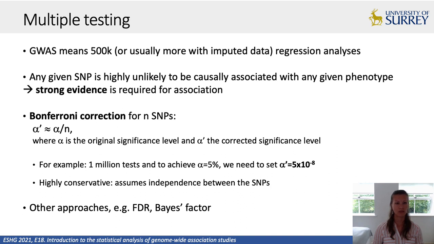And one of the most commonly used corrections is the Bonferroni correction, by dividing the original level of significance by the number of tests we are performing. And if we assume 1 million tests, which is coming from 1 million independent SNPs in the human genome, we get a new level for statistical significance of 5 times 10 to the minus 8.